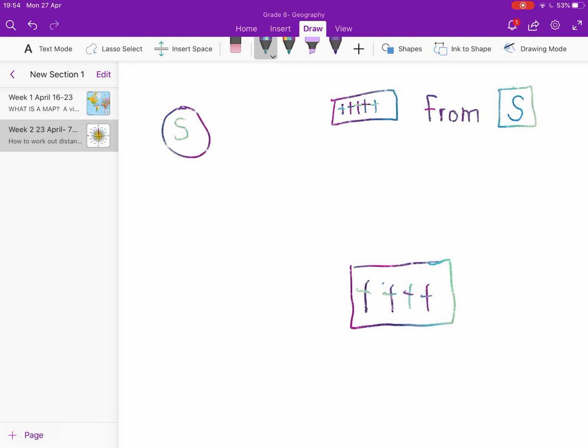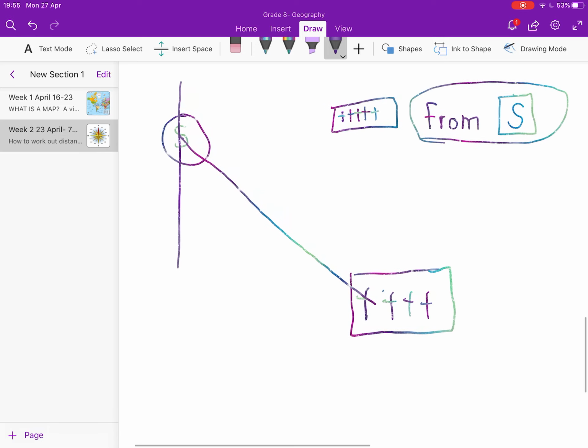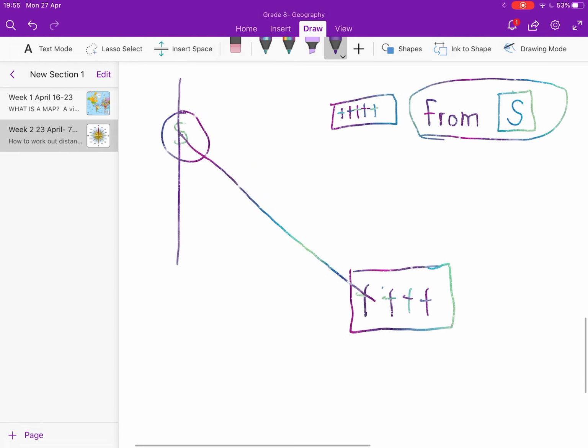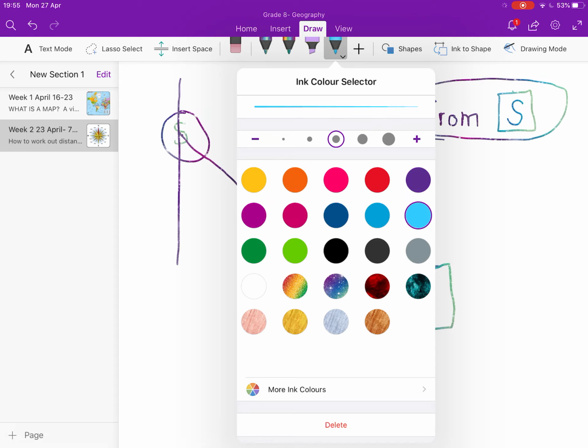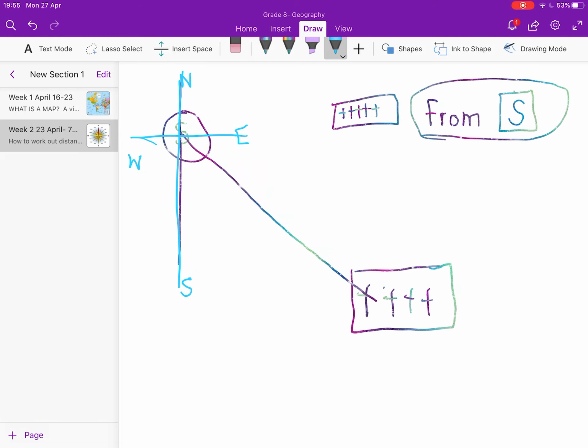So now in this case our from point would be the school. So at the school, draw your north to south straight line. Then link the 2 points. And then I need to work out the direction that that line is lying in. So if I had to take a different color, let's draw in a compass. Say north, east, south, west.